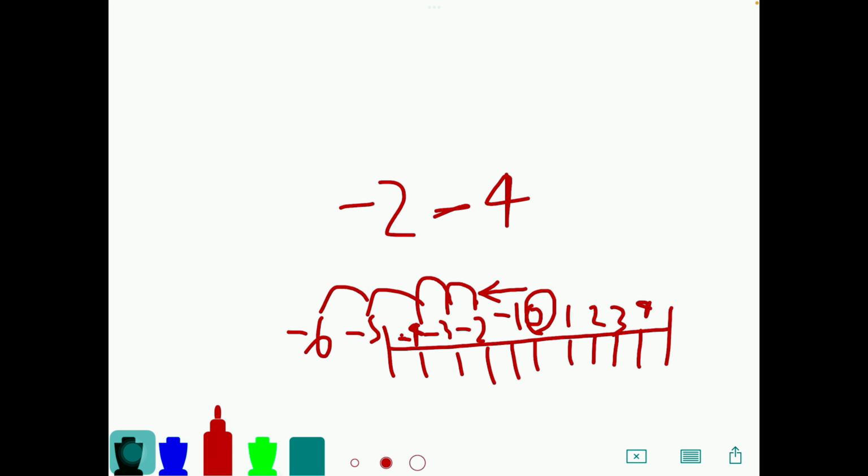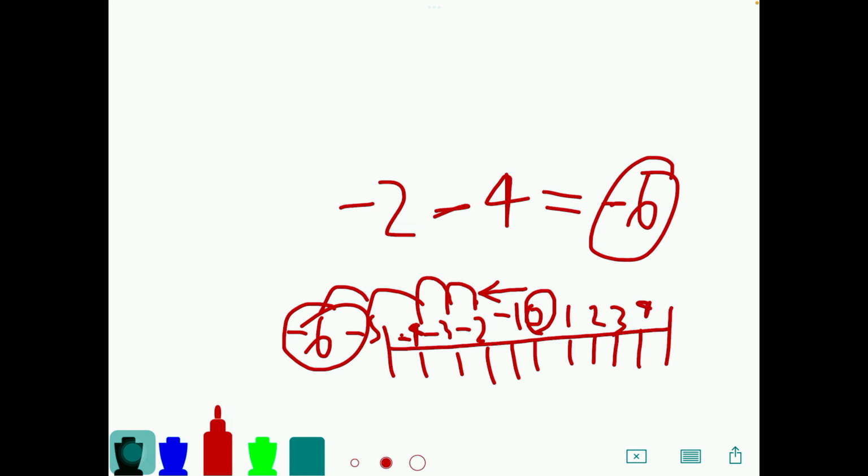So that's subtracting 4 from minus 2. So this is the answer for the question minus 2 minus 4. And the answer is, did you say 6? Yes, that's the correct answer. So the answer for this question is minus 6.